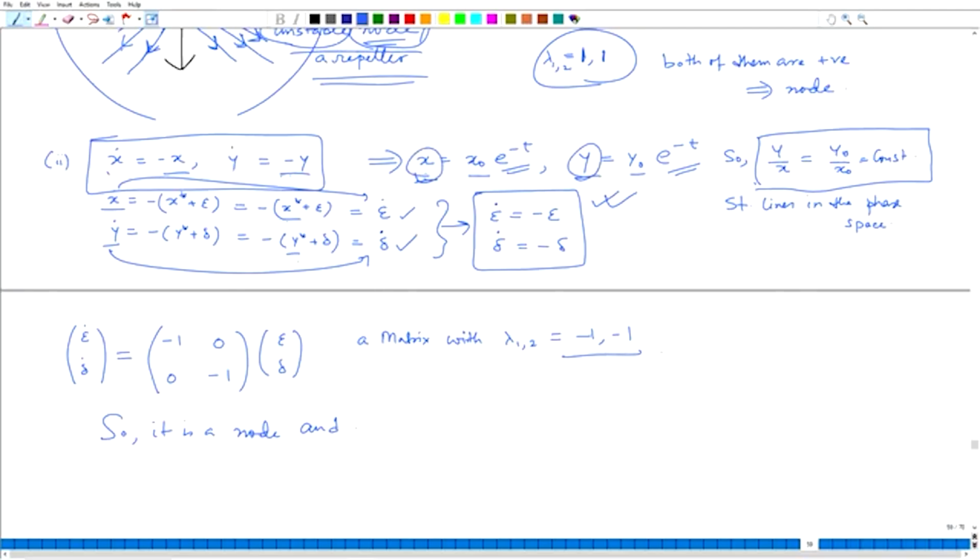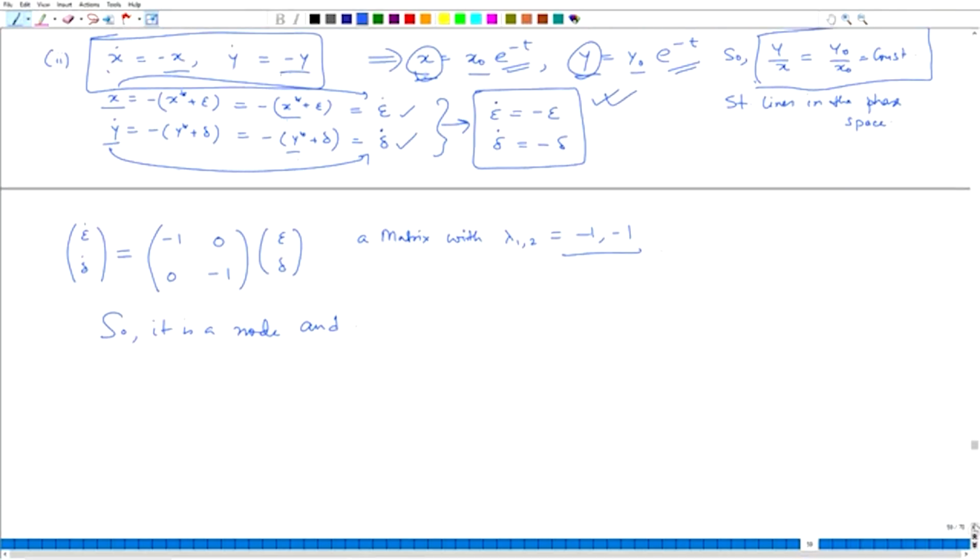Now, if you draw epsilon and delta, which are the perturbations in the phase space, I should be mathematically a little bit more careful. Instead of writing x and y, I can write epsilon and delta, which are the perturbation part of x and y, but they are the same because the fixed point is here.